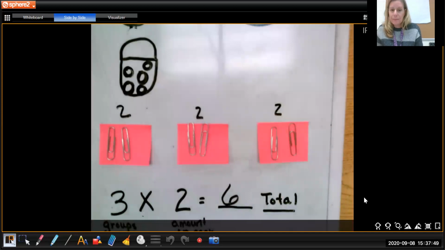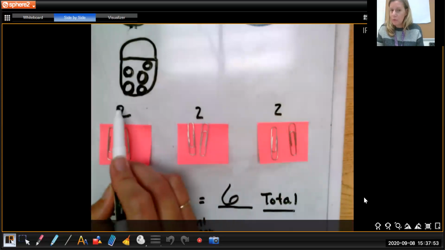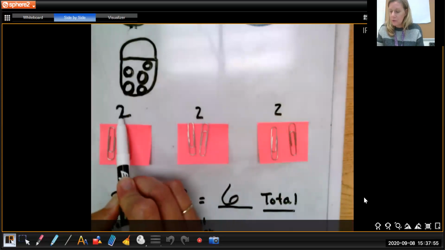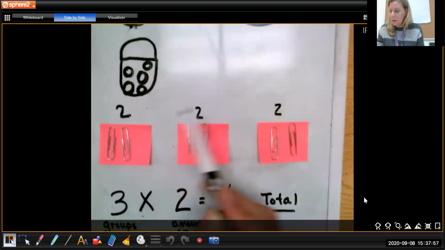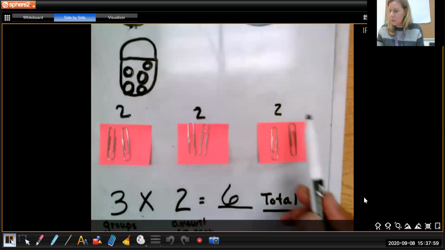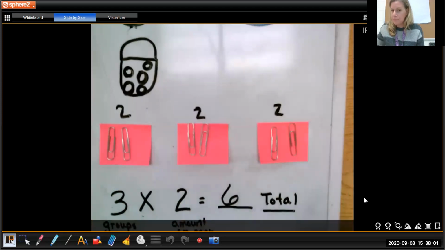If we have a model, this is a model of the multiplication problem, we can figure out the total. The second way we can do it is with numbers. There's 2 and another group of 2 and another group of 2. So what can we do with those 2's? How do we put numbers together in math?